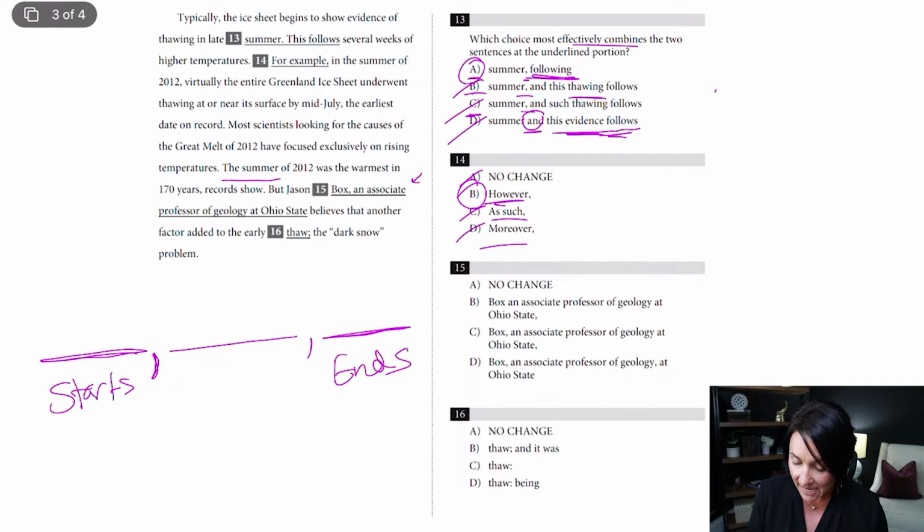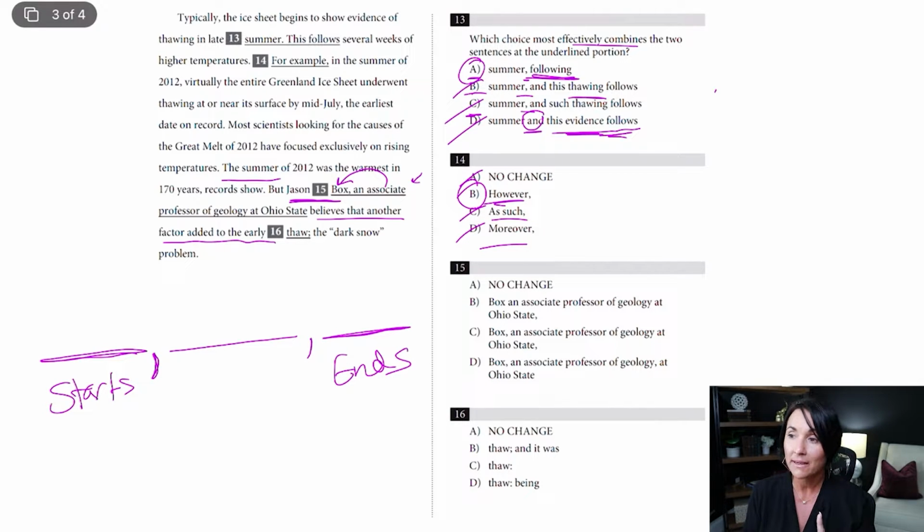And that's what's happening in this case, and they're testing to see if you can see that or not. What we're saying is Jason Box believes that another factor added to the early thaw. This, an associate professor of geology at Ohio State, is called an adjectival clause, and it's describing Jason Box.